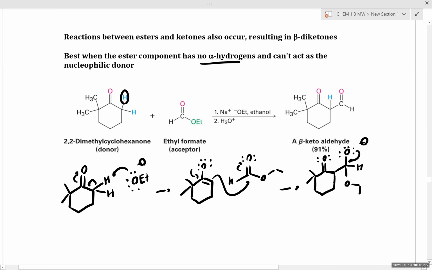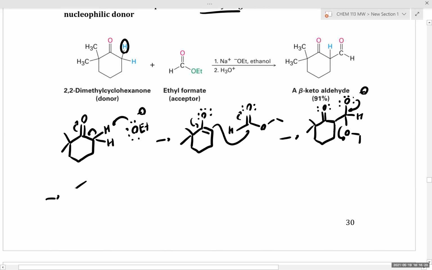From here, this tetrahedral intermediate will collapse and kick out an ethoxide. And that in turn gives us our beta ketoester, which of course can be deprotonated.